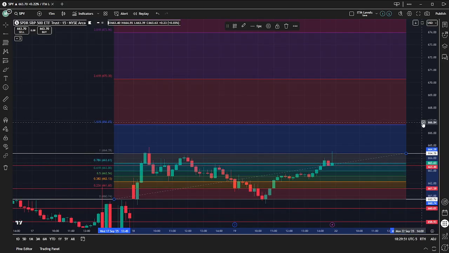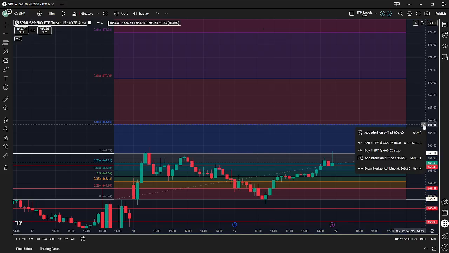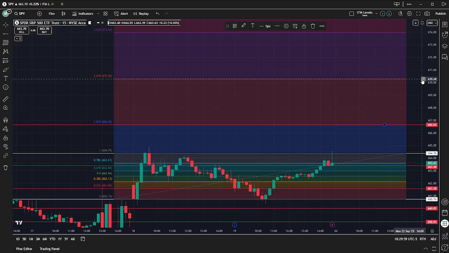I like my 1.68 fib right here, and I usually drop the 1.68 fib as a red level. Then the next price target I have, once we start breaking the 664.39 level and start holding above it, is 670.30.